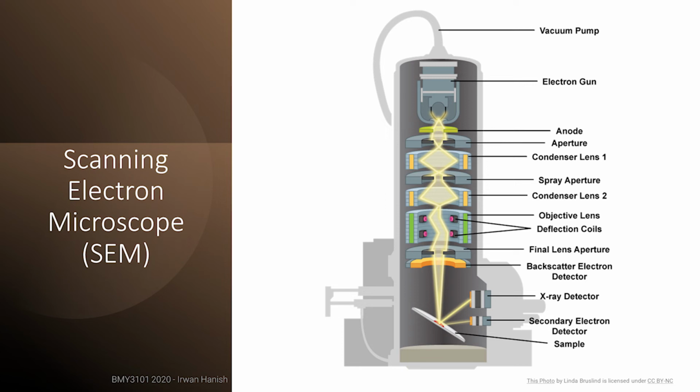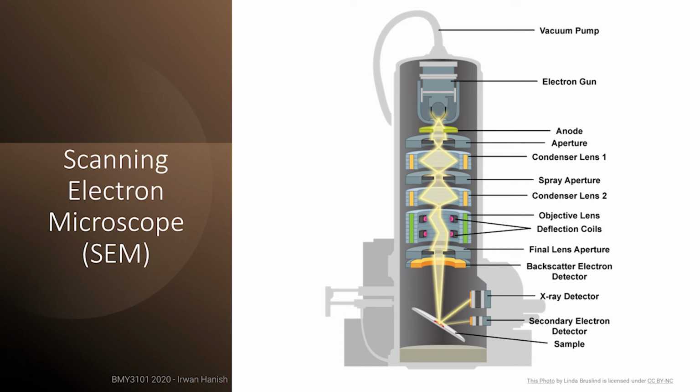What they do is they apply a magnetic field to focus the electrons to a specific spot in the objective lens. Then under the spray aperture and condenser lens, you have the objective lens, which is usually coupled with deflection coils. So this objective lens with the deflection coils, they work together to make sure that the microscope system scan the sample in a particular manner called raster scanning.